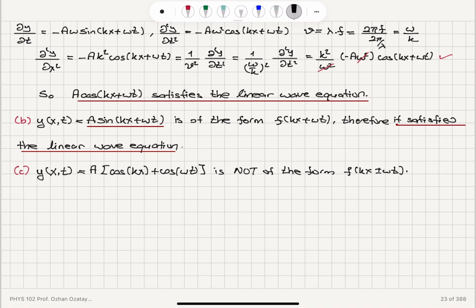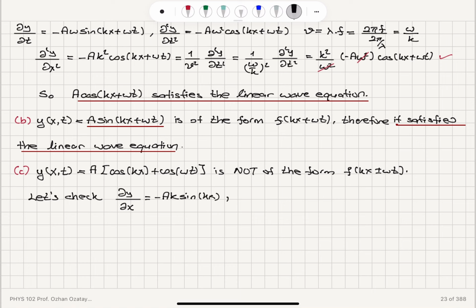So just to be sure, let's check what happens if I substitute it into the linear wave equation. The first derivative, ∂y/∂x, is −Ak sin(kx).